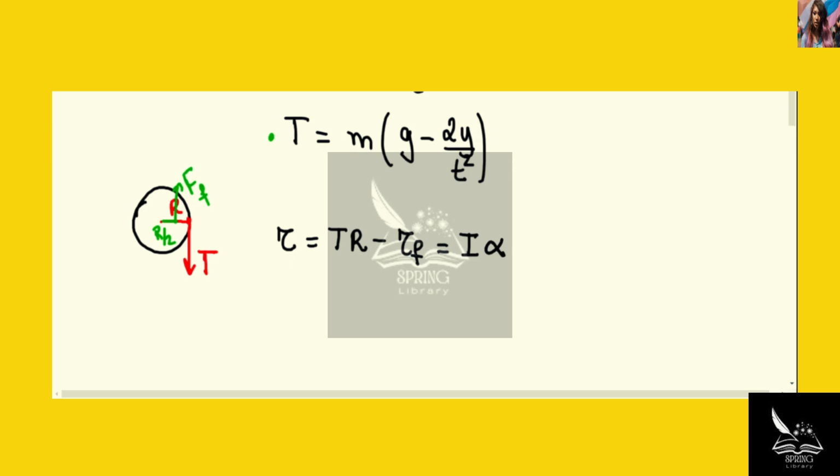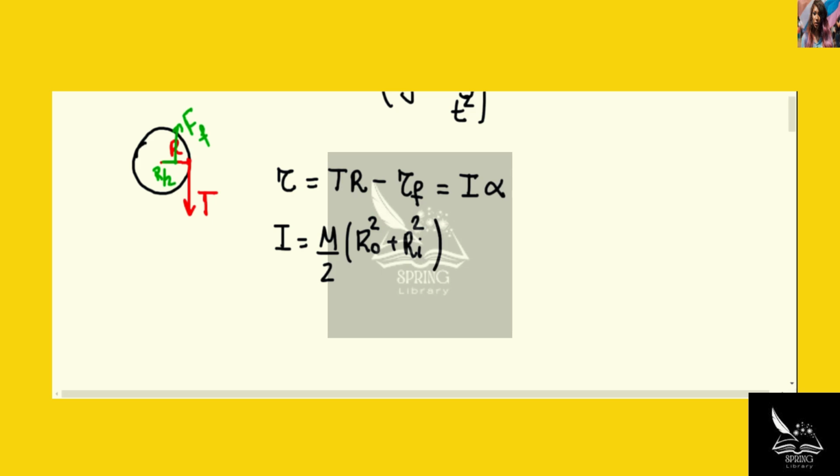times alpha. Now, the moment of inertia I for a hollow cylinder is equal to m over 2 times the outer radius of the cylinder plus the inner radius of the cylinder, both of them squared and summed. And alpha is equal to the acceleration divided by the outer radius.